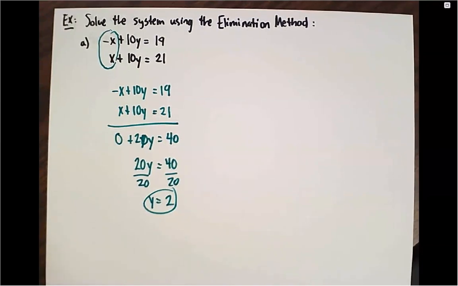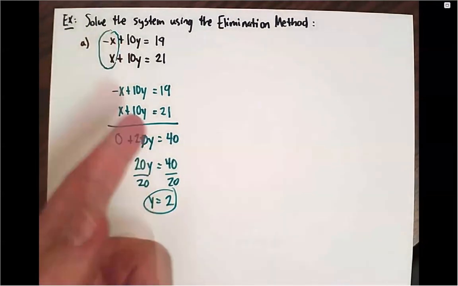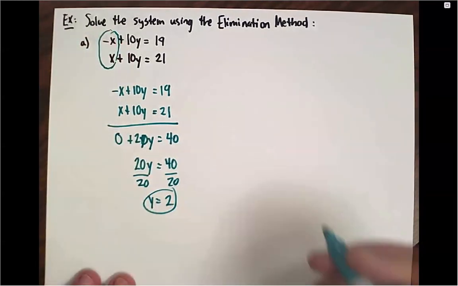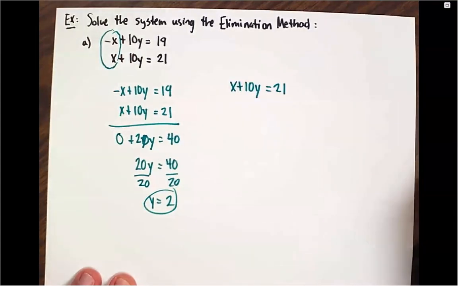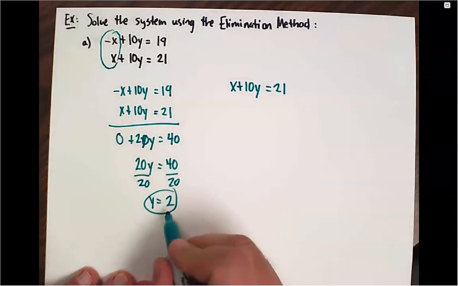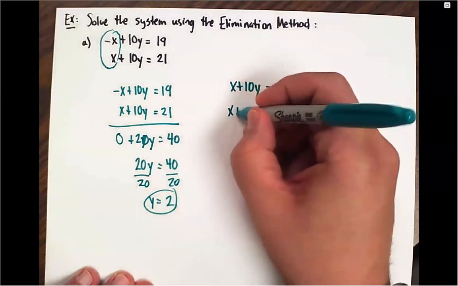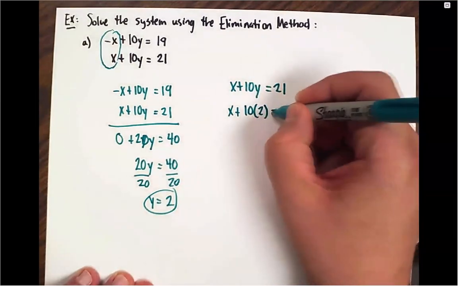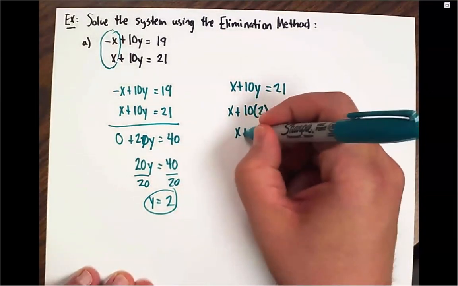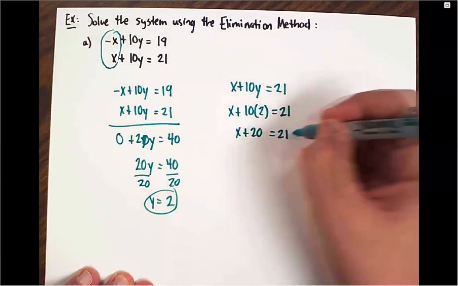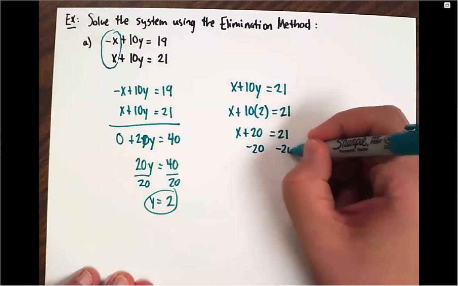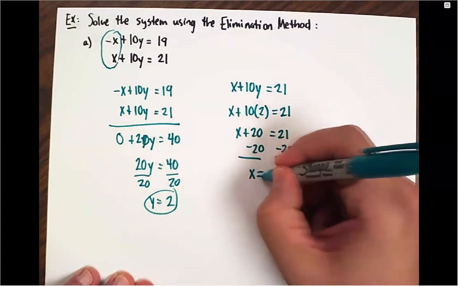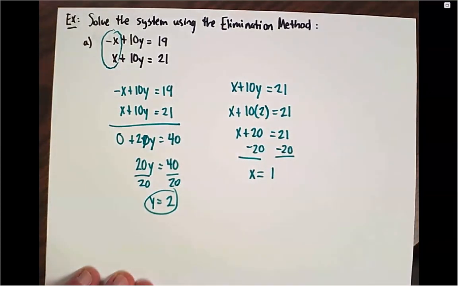And so if y equals 2, how do I figure out what x is? Pick one of the two equations. I'm going to pick the second one. And if I plug 2 in for y, I get x plus 10 times 2 equals 21. So x plus 20 equals 21. And if I subtract 20 from both sides, I get x equals 1.